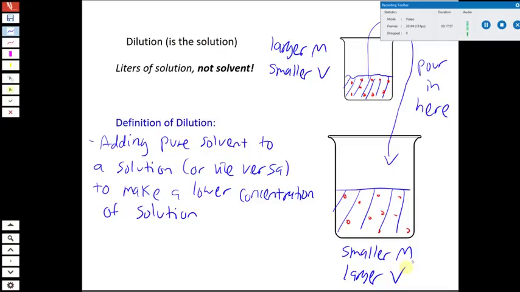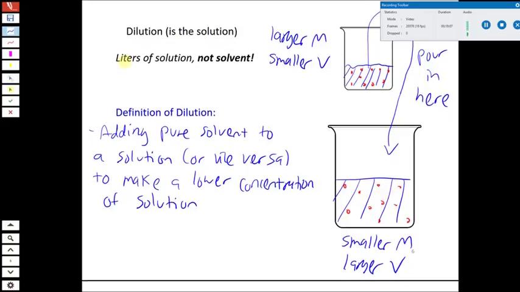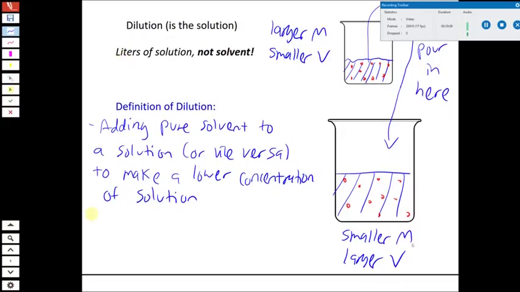Because again, molarity is moles per liter, so we have the same number of moles in each case. We have a larger volume here after dilution, and so the molarity decreases but the volume increases. Okay? So that's kind of qualitatively what's going on. We should emphasize the point then that the moles of solute stays the same before and after the dilution. Okay? We're not changing how much solute we have, we're just changing how much solvent it's dissolved in.